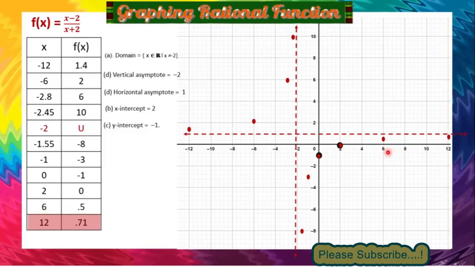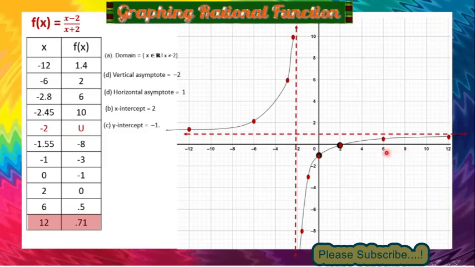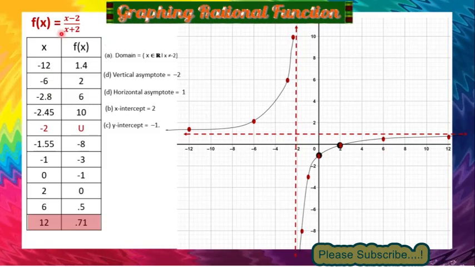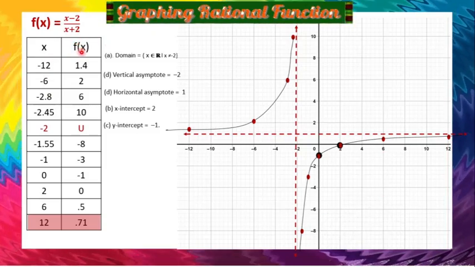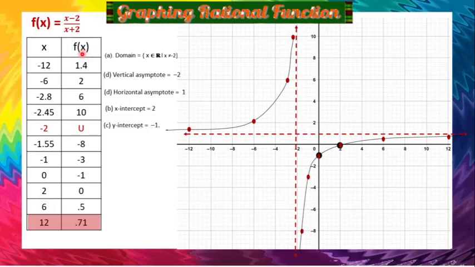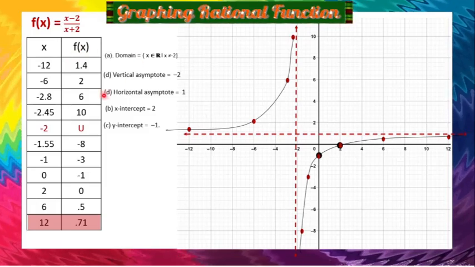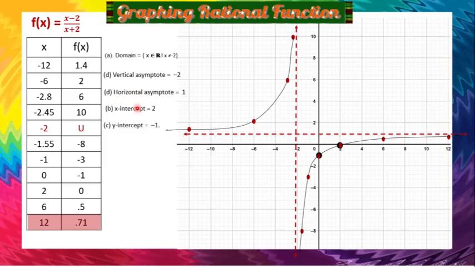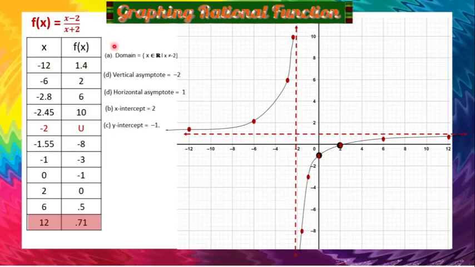So if we connect those, this is now our graph of the given function f of x equals x minus 2 over x plus 2. Okay, that is how to graph a given function. First, you have to look for the vertical asymptote, horizontal asymptote, x-intercept and y-intercept, then a table of values taken from your function.